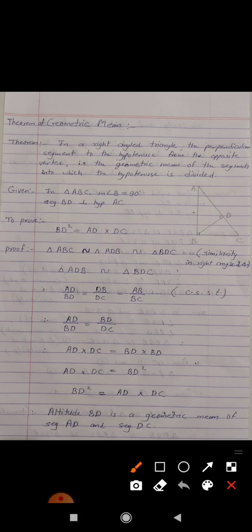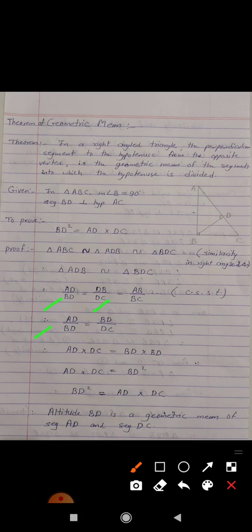Now select the second and third triangles, which are similar. Now write down their corresponding sides in the same ratio. So here I write this statement. Now here I require BD. So BD is in the first ratio and in the second ratio also.